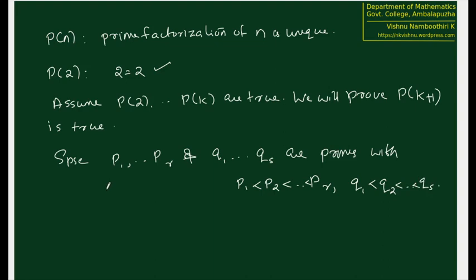Suppose that we are arranging them in increasing order. What is the relation between the number and these primes? The number is written as the product of these in two different ways: p1, p2, etc., pr, and q1, q2, etc., qs. Sorry, this is not n. We are trying to prove this for k plus 1.